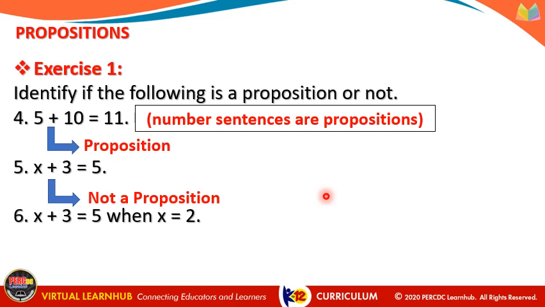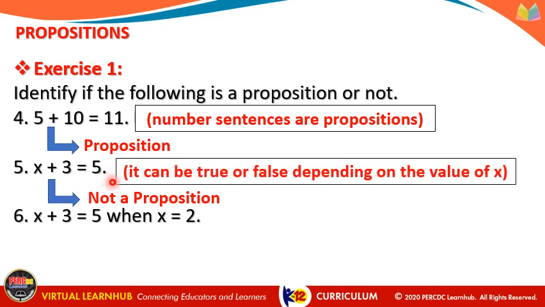As you can see, the value of x will dictate if the equation will become true or false. Since it can be true or false depending on the value of x, we cannot say. So we are not sure that it is true or that it is false. That is why this is not a proposition.